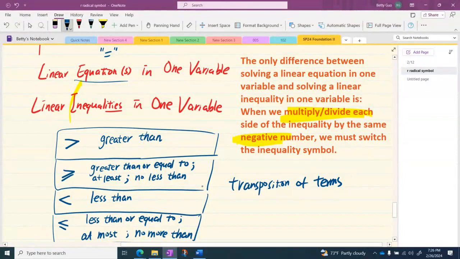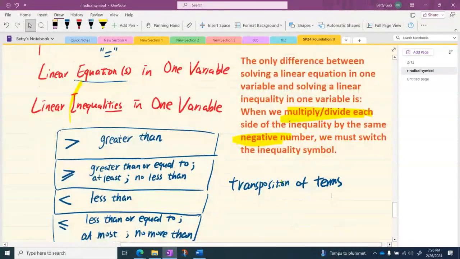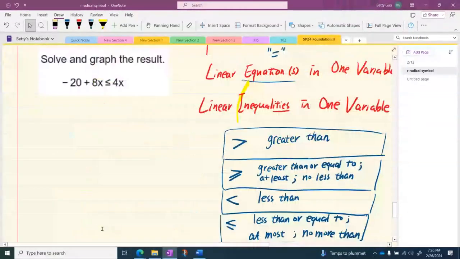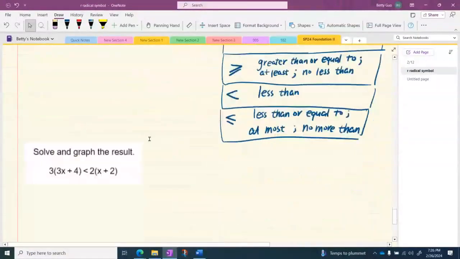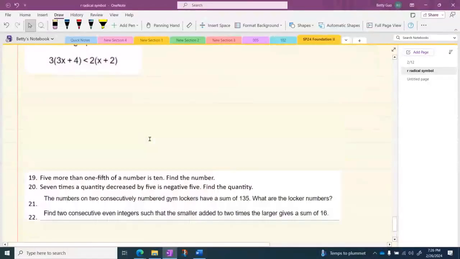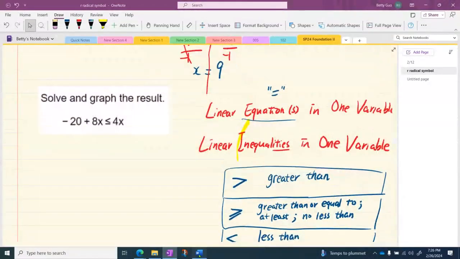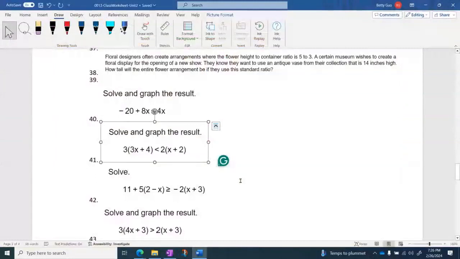I think the best way to memorize it is we actually use it when we see the case and we need to apply this rule. Let's see this one. This one we do not need it, but let's see this one. This one doesn't need it either. Let me find one that we need it. Try this one.